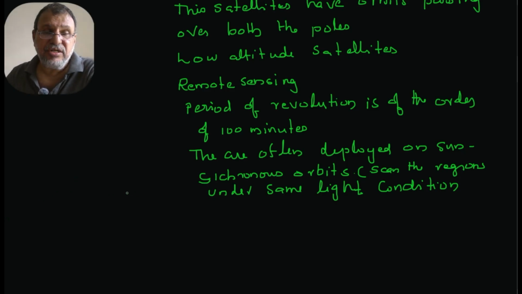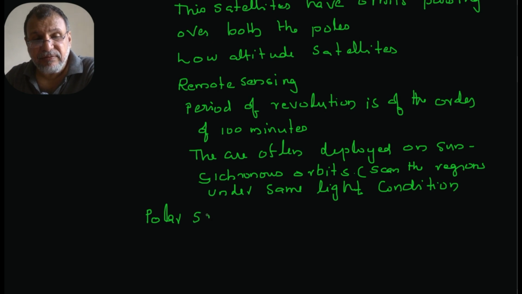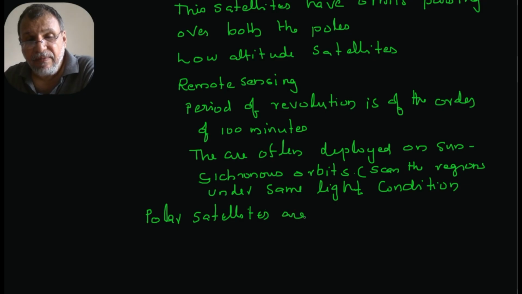Now, these are near orbits. Polar satellites are orbiting close to the surface of Earth.